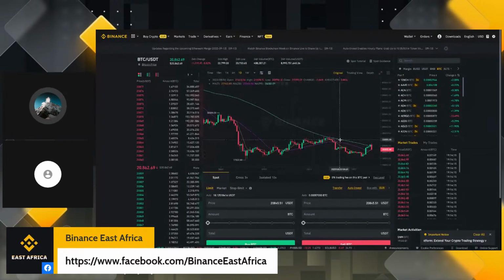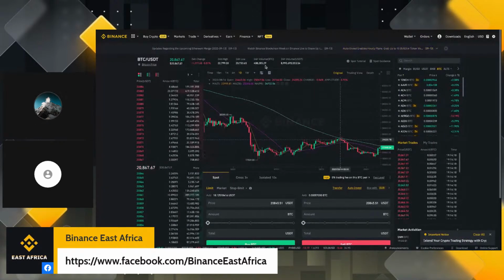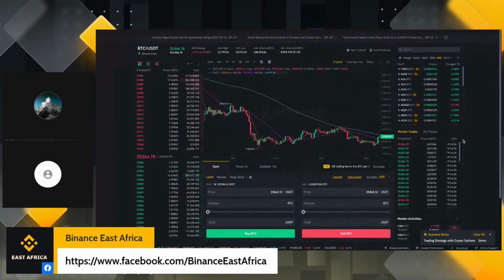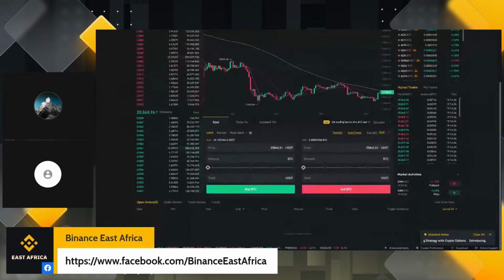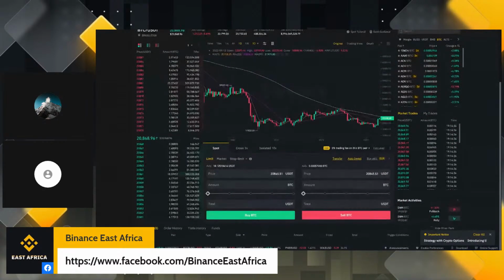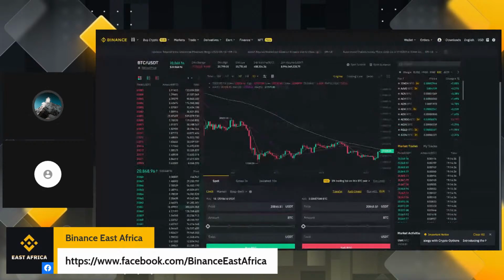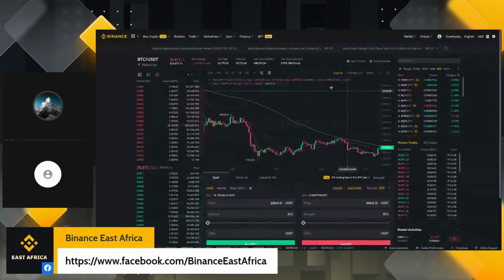Whenever you're looking at a certain cryptocurrency, you're not just looking at what it's all about. Something I would recommend is, once you've done your research, you need to come to this option and see maybe what has been traded over the past 24 hours.